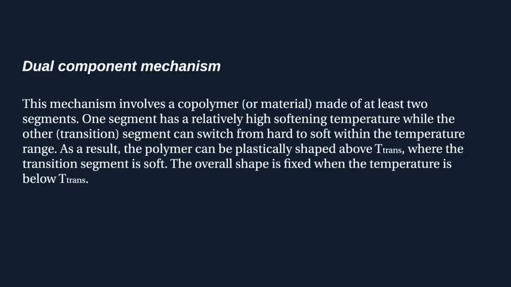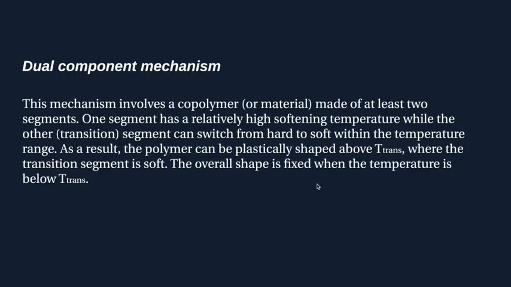Component means the material or copolymer in this mechanism has at least two segments. One segment has a high softening temperature, while the other can switch from hard segment to soft segment within the temperature range, and as a result, the polymer can be plastically shaped above the transition temperature, where the transition segment is soft.